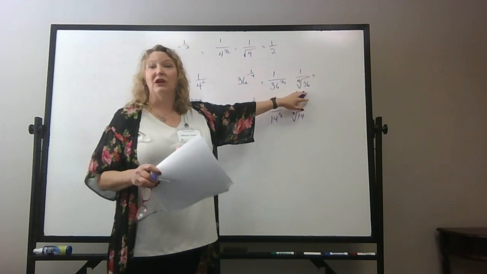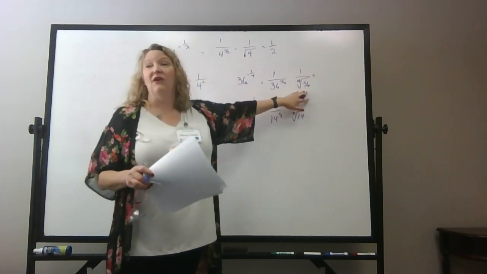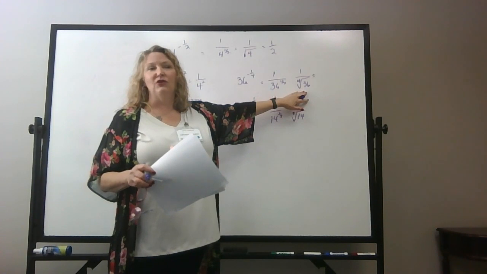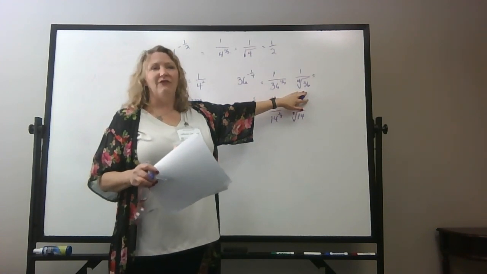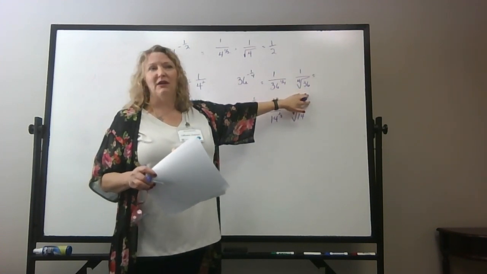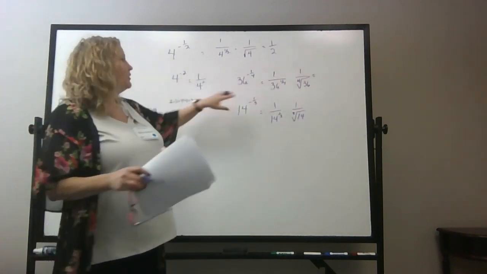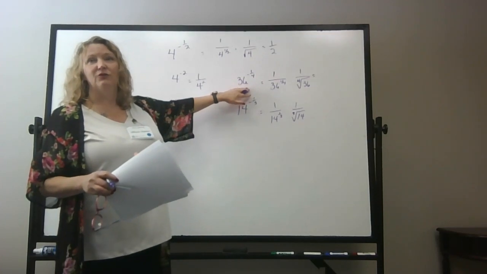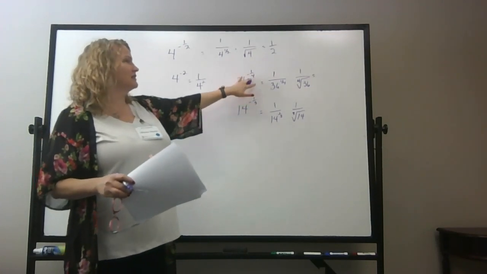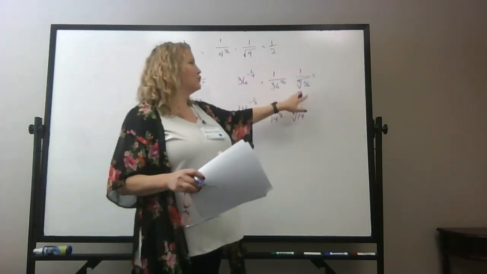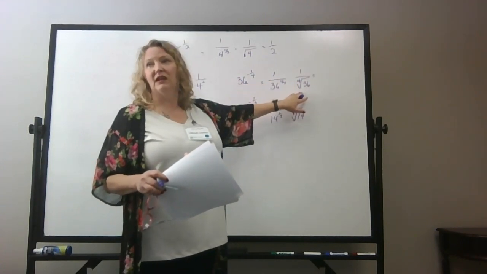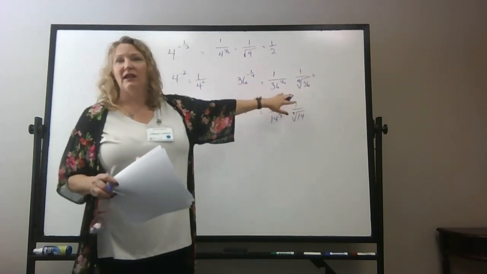So as you guys are working your problems, they're largely fine leaving it right here. They're not looking for you to actually use your calculator and figure out the decimal number, because the point of this is, do you understand what this means? And I do understand that 36 to the negative 1/4 is 1 over the 4th root of 36. This is where they're looking for you to leave that answer.